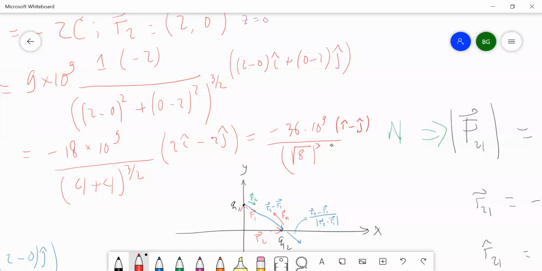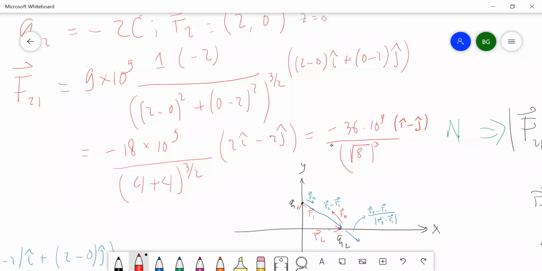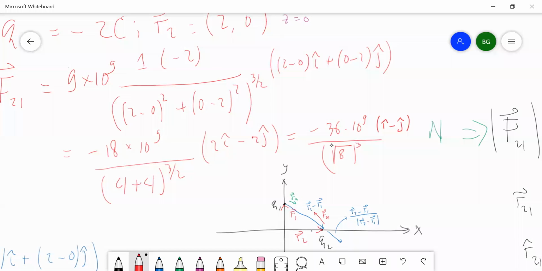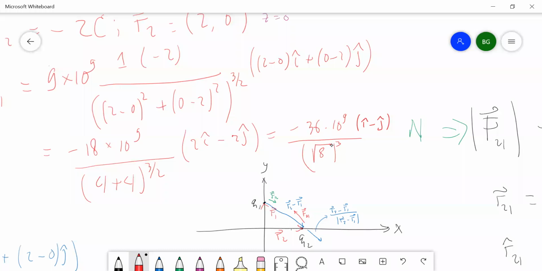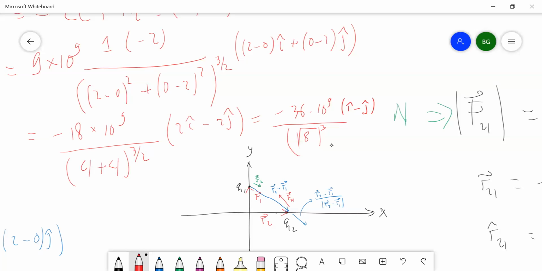This is the complete vector F21: minus 36 times 10 to the 9, times (i hat minus j hat), the vector direction, over the square root of 8 to the 3.